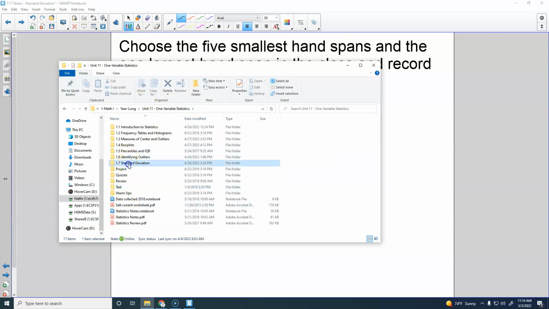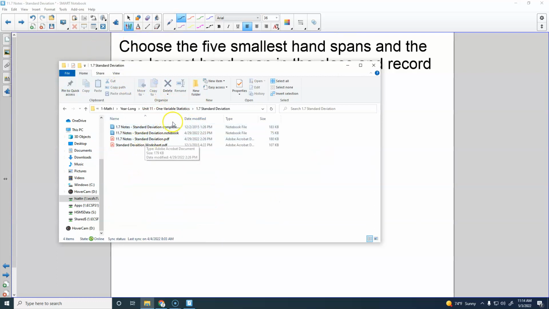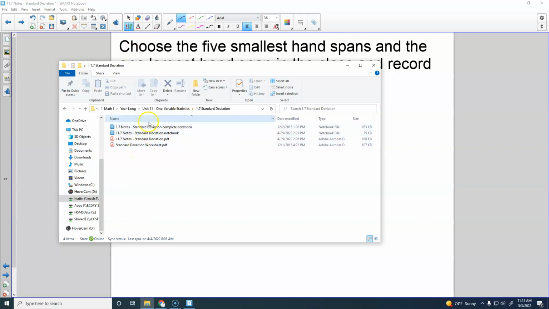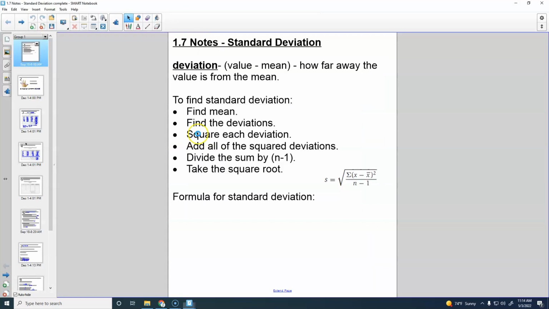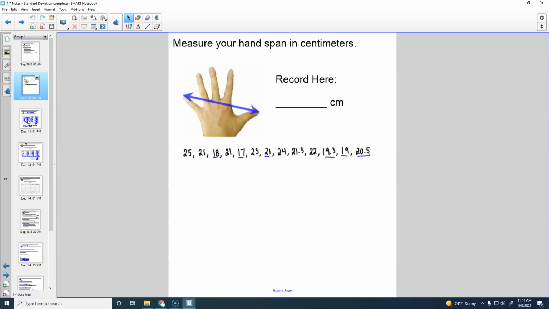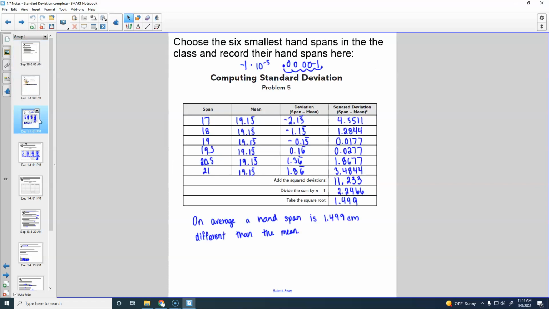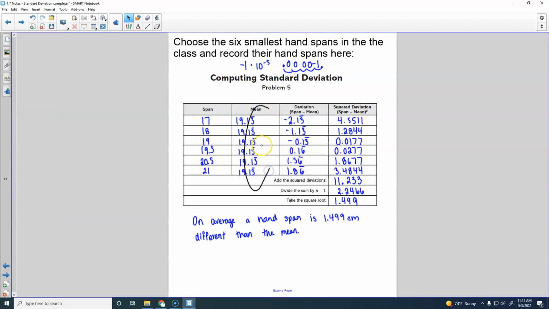Let's see. Let me try this one. Okay, this one has the chart, but has the answers on it, so. All right. Let's see. Sorry. Okay.